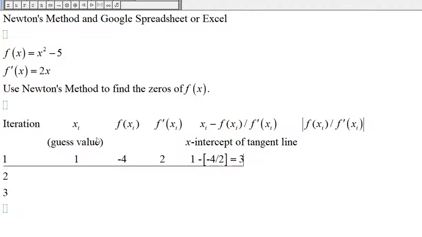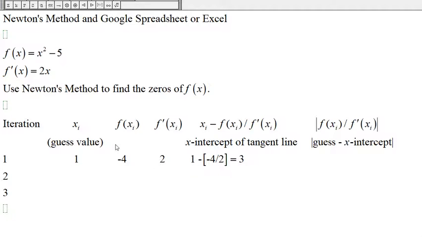Last, we compare the x-intercept of the new tangent line with the guess value. We do the absolute value of 1 minus 3, which is equal to 2.